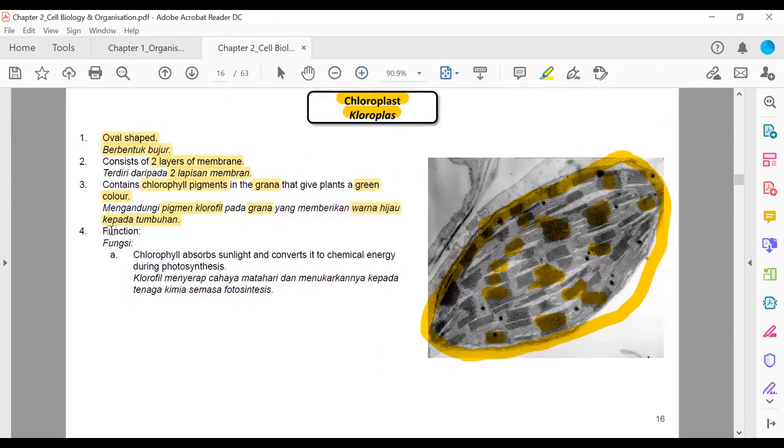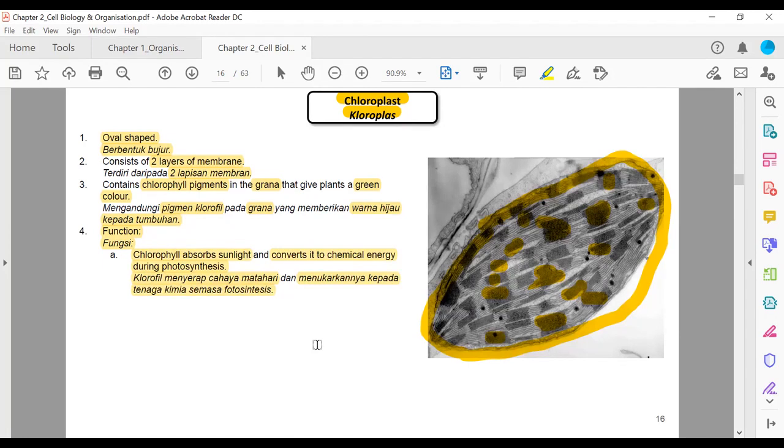Okay. Function. Apa fungsi chloroplast? I think you know this is very simple. Chlorophyll absorbs sunlight and converts it to chemical energy during photosynthesis. Klorofil menyerap cahaya matahari dan menukarkannya kepada tenaga kimia semasa fotosintesis. So, what the chlorophyll do? Chlorophyll absorbs sunlight.